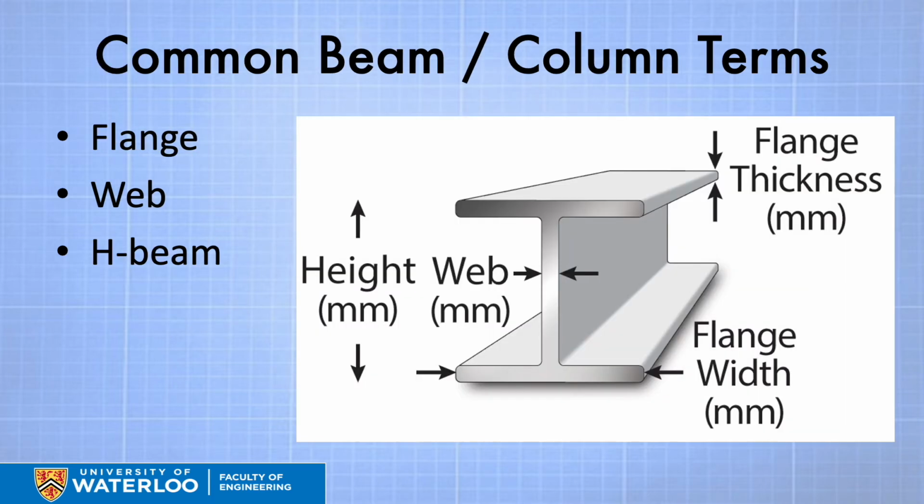And when we're dealing with a beam or a column, particularly made out of a non-rectangular shape, we'll label the parts of the cross-section with things like flange and web.